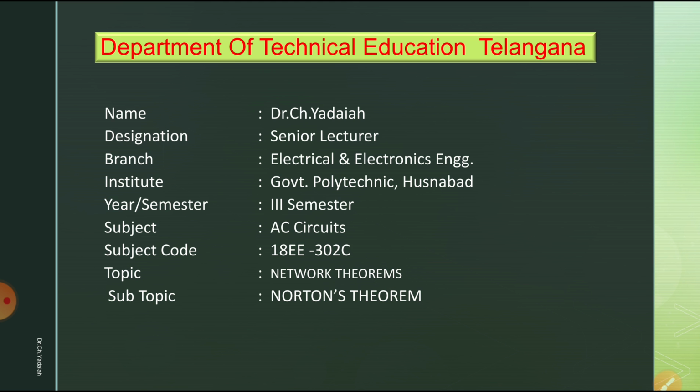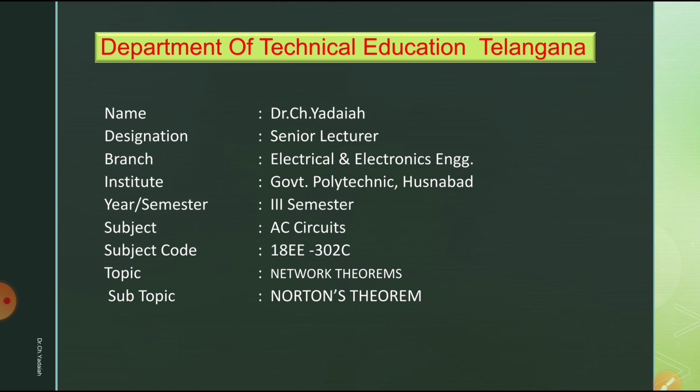And further, a complex circuit is represented with one simple voltage source and one equivalent resistance connected in series. That theorem is known as Thevenin's theorem. From this, we calculate the characteristics of the element we want to find.